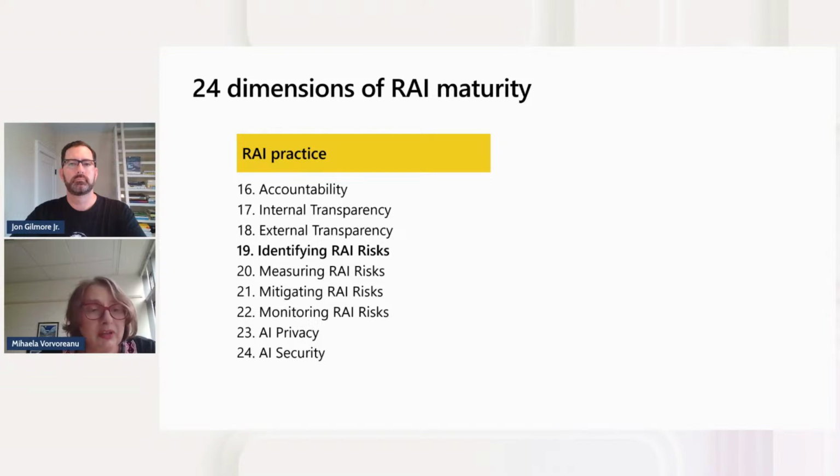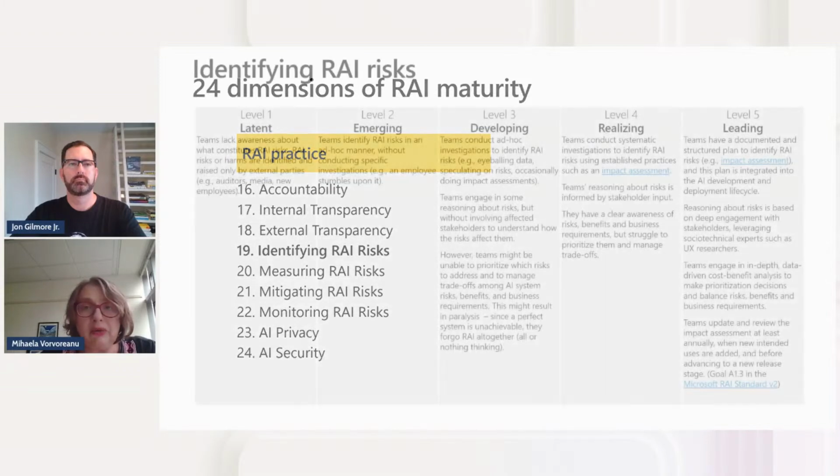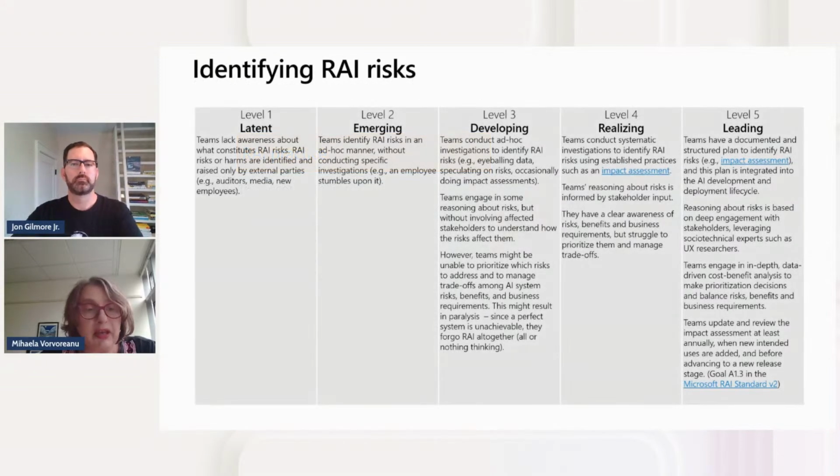Let's look at one of the dimensions here, the one about identifying responsible AI risks. And then if you look here, and obviously, as we mentioned before, red teaming, right? Responsible AI red teaming is part of risk identification. But in a less mature approach, you don't identify risks. Somebody else identifies them for you, and you learn about them from maybe the media or social media.